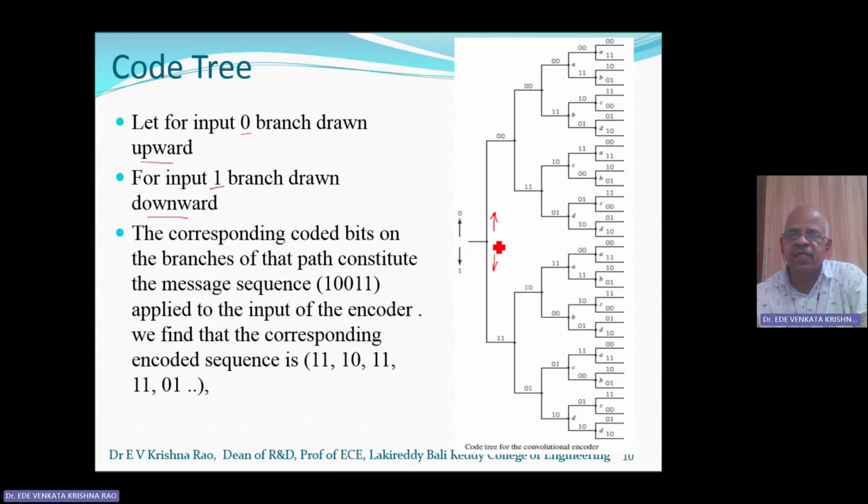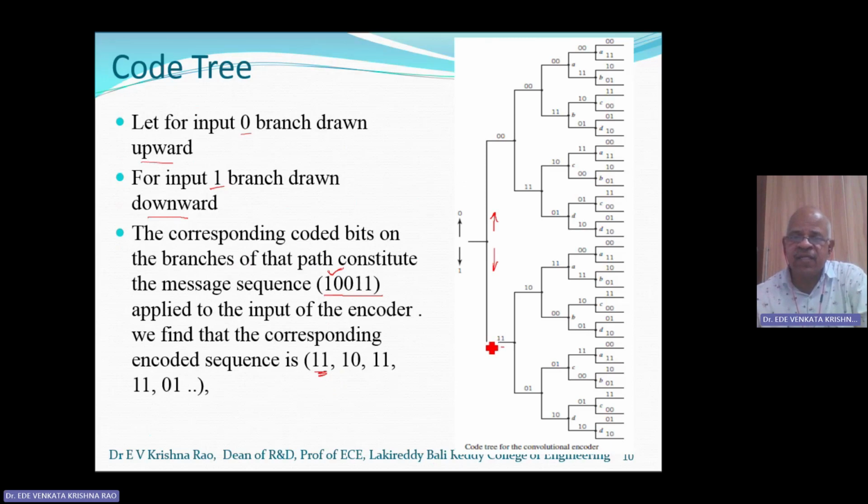So if the first bit 0 is given, the code output is drawn in the upward branch. If the first bit 1 is given, the code output is taken downward in this branch. The code output will be written. See, as in this example, when the first bit 1 is given, the branch is downward, and the code output 1 1 is written here.